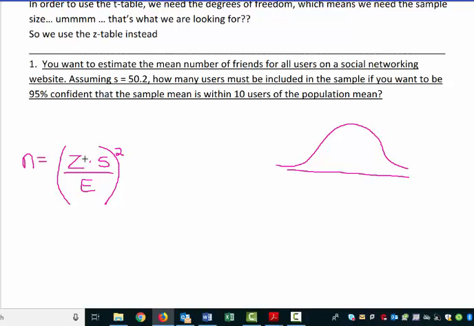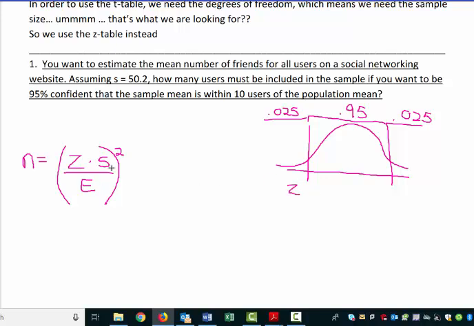I know I'm going to need a picture of the Z chart. This is a 95% confidence. So there's 95% in the middle. That means I got 5% left over, which means I've got 0.025 over here, 0.025 over there, and this is our Z.